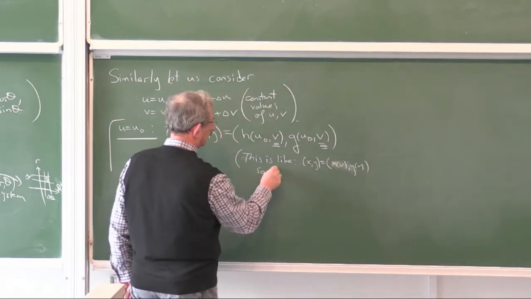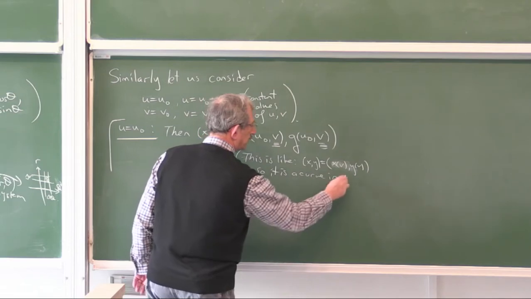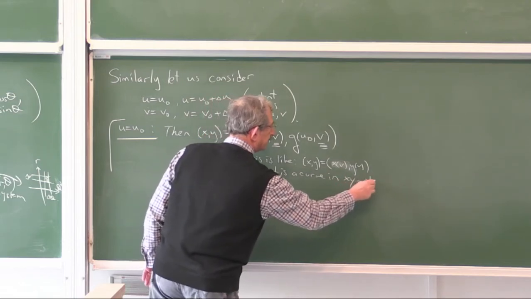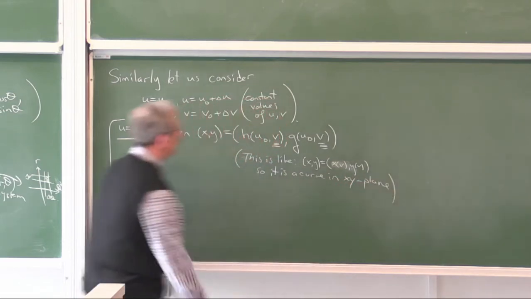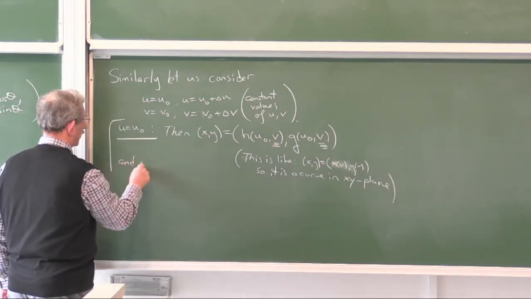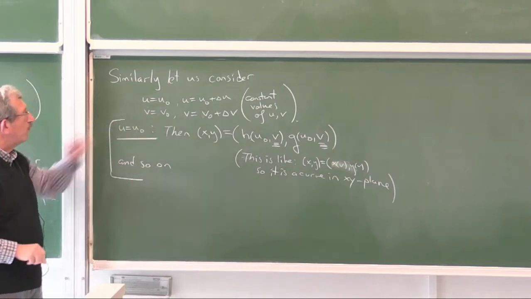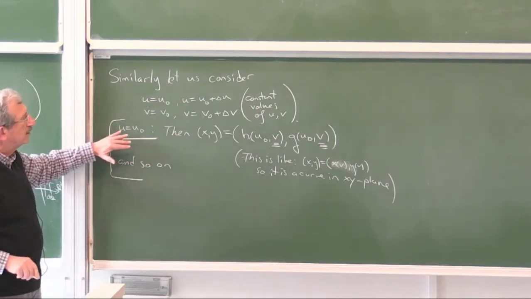So it is a curve in the xy system. So if we fix one of u or v, the other one is arbitrary, we get a curve.